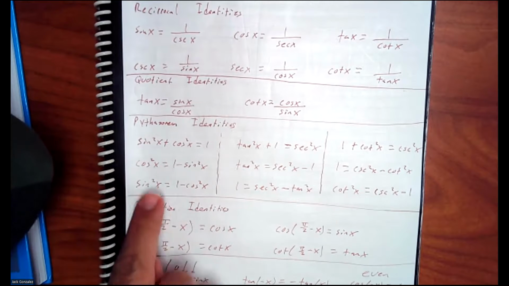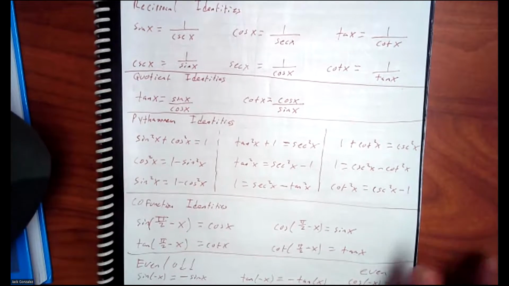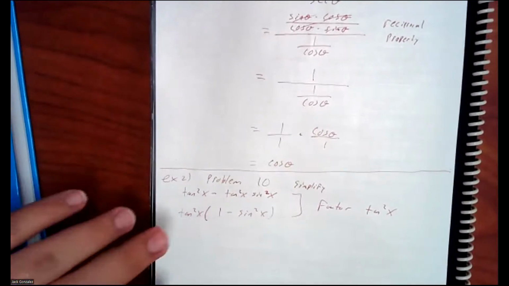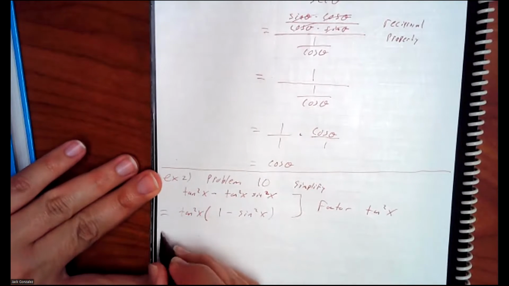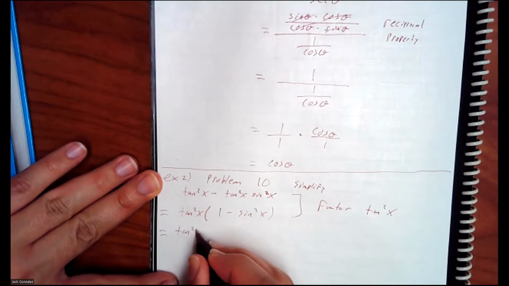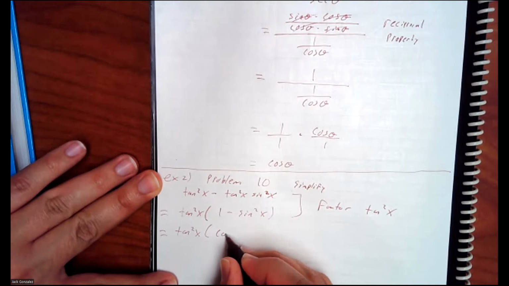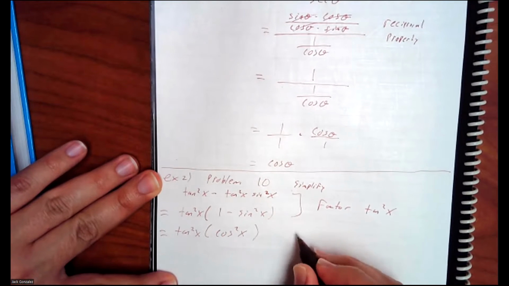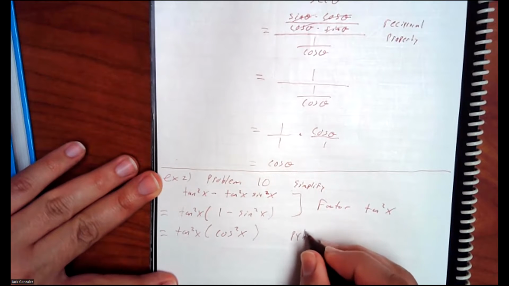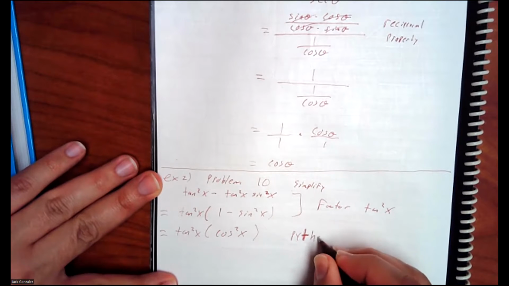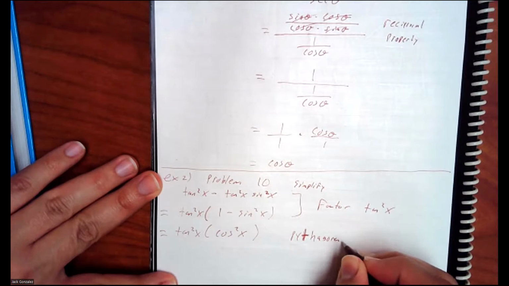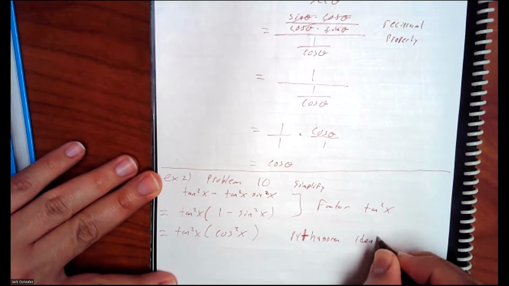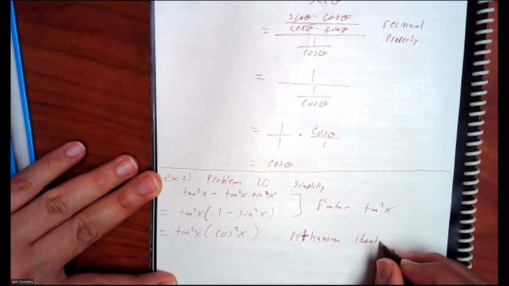So you have to substitute it. So use this identity here to change it to cosine. So that's a little more simple looking than 1 minus sine squared. So this becomes, and we use the Pythagorean identity.